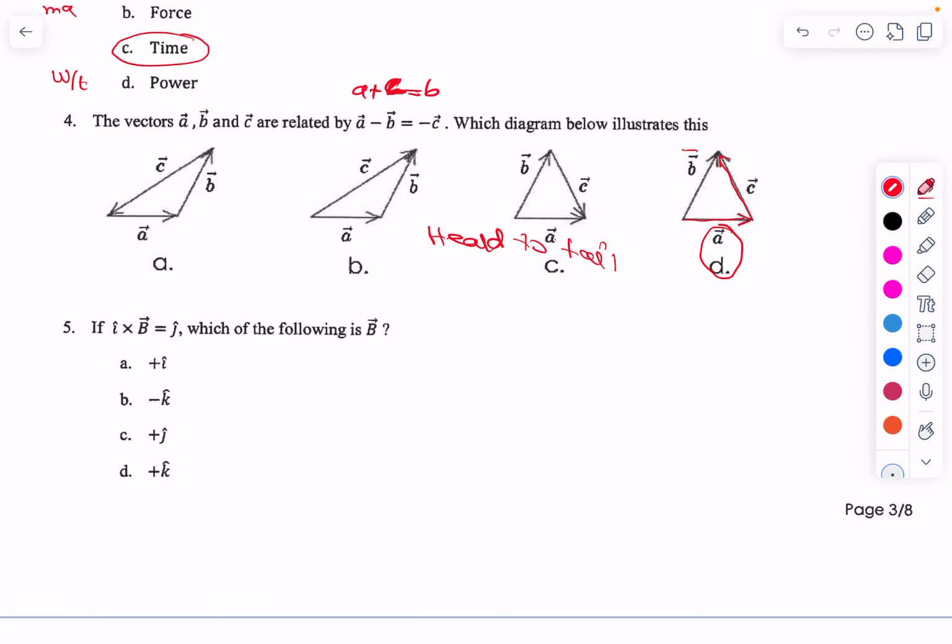So if you know that I, J, K in this question, use this convention whenever you find any vector with a cross product.